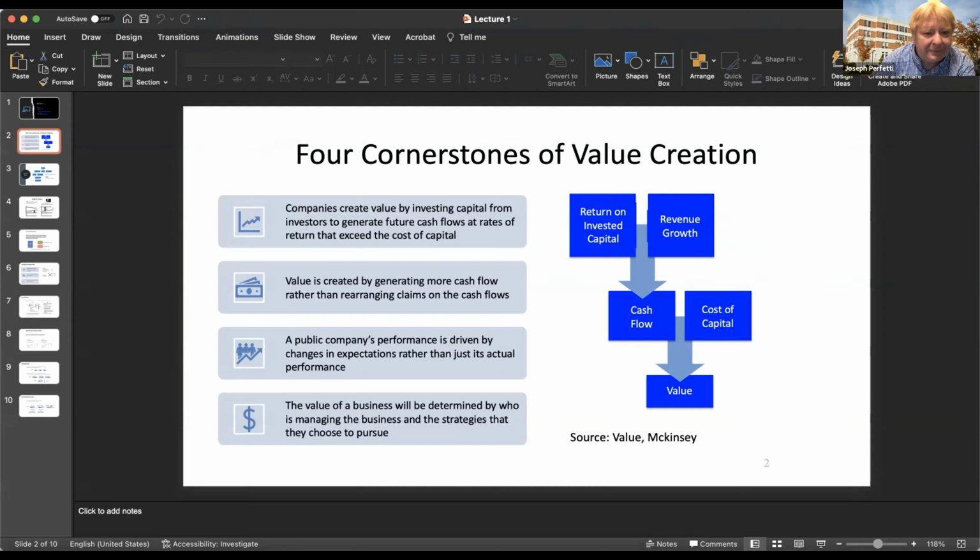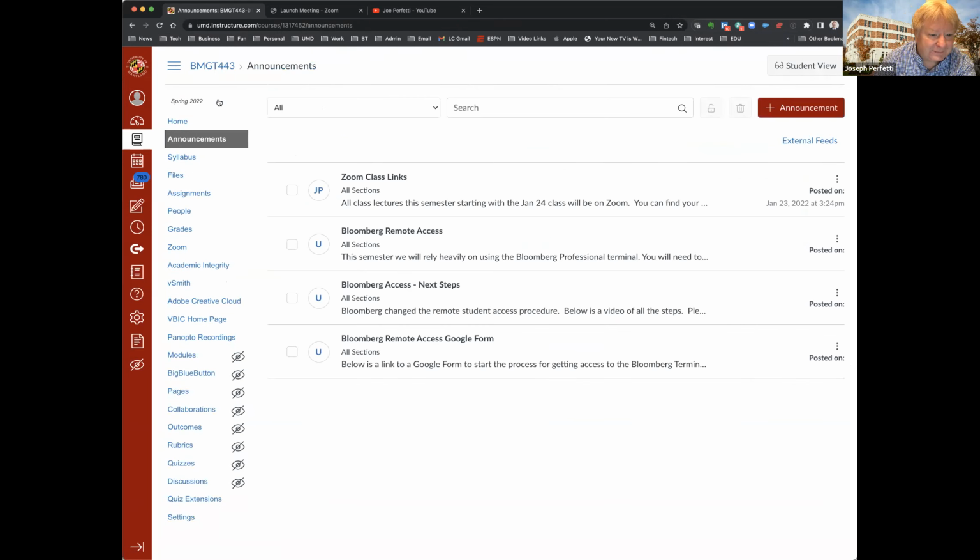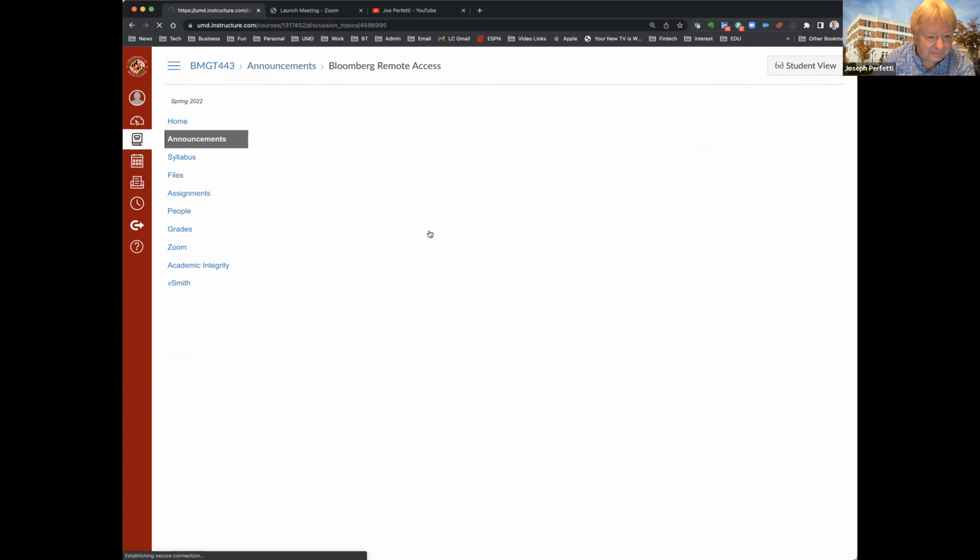Well, one of the things that's going to be important to you, so I'm going to go back to Chrome here, is how do you get access to Bloomberg, the tool that we're going to be using this semester. So the way that you're going to get access to Bloomberg, as I put it up here in the announcements, and it's the Bloomberg remote access announcement that's here under the announcement links.